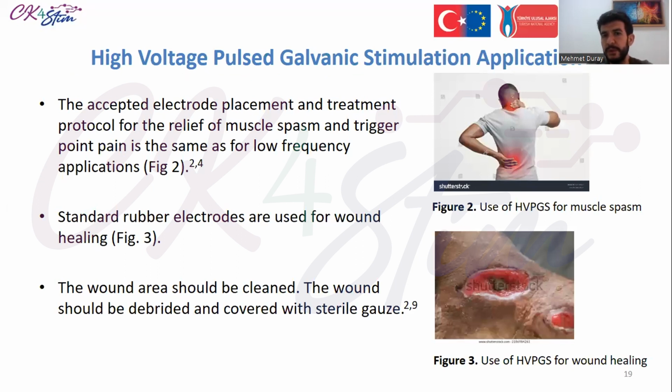High voltage pulse galvanic stimulation is used for muscle spasm. You can see this in figure 2, and wound healing in figure 3.